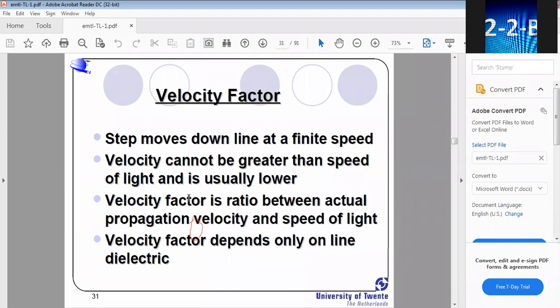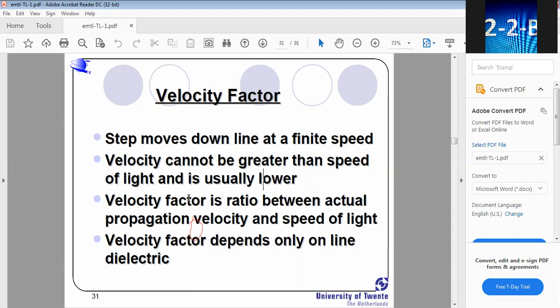Velocity factor depends not only on the line dielectric characteristics. What is meant by dielectric characteristics of that medium? Whatever I told you: permeability, permittivity, free space impedance. All those parameters are called medium characteristics or medium dielectric characteristics.